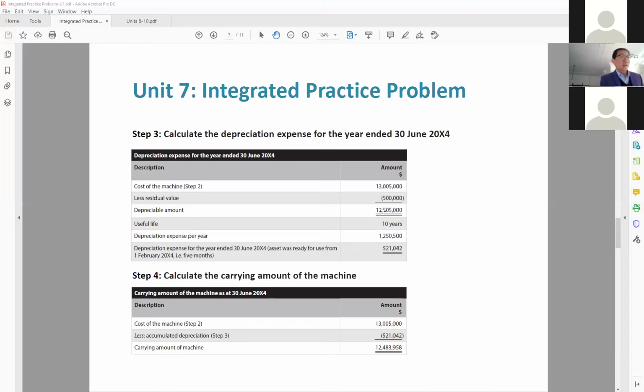Another question I just saw on the chat is, if it was a second year, then what would have been deducted as accumulated depreciation? This depreciation expense per year, this number, 1,250,500, is the depreciation amount for each year.